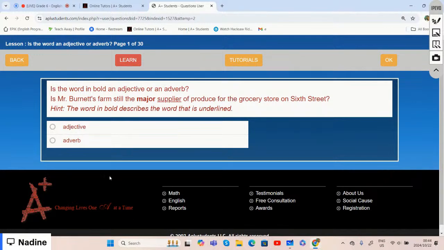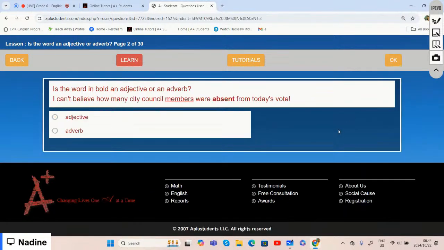So we can say it's an adjective. Major supplier. So major tells us about the supplier, which is like a person or a thing, then we can say it's an adjective. Yes, adjective is correct. Yes, well done.